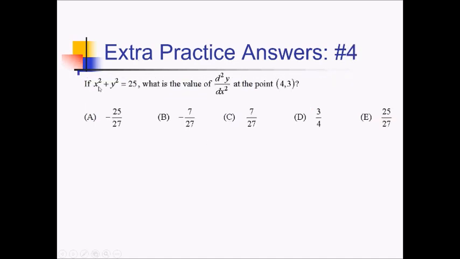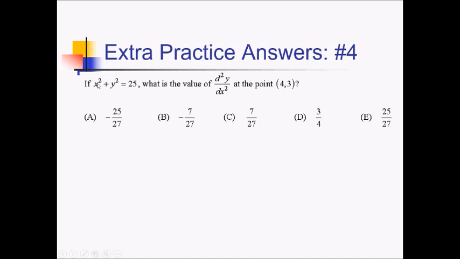For this problem, we have this equation x squared plus y squared equals 25, which we know is a circle. We want the second derivative of this thing at the point (4, 3). All right, well, I'm going to need to take the second derivative and plug in this point, but first I need to take the first derivative, and for that I'm going to use implicit differentiation because this y is kind of annoying to get by itself.